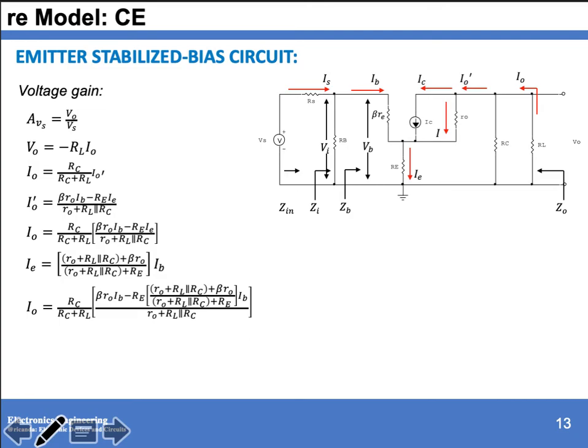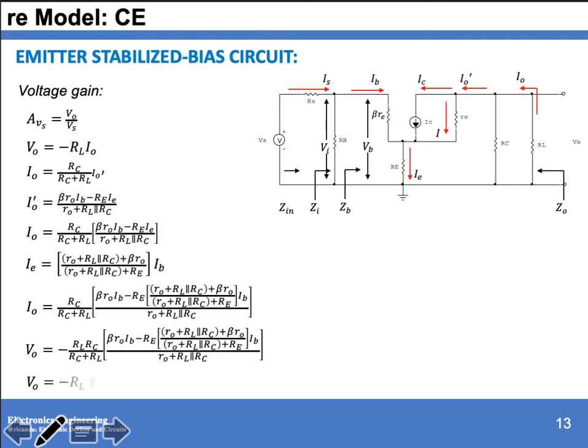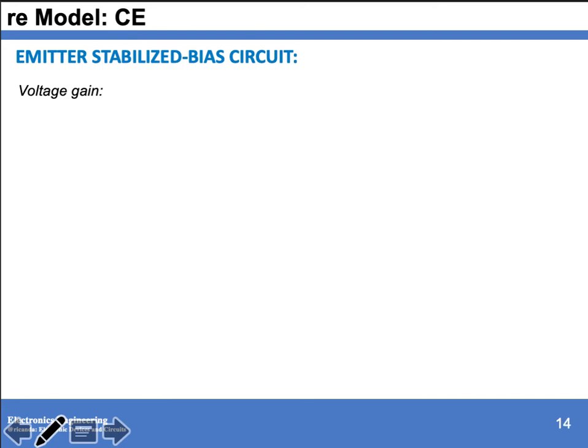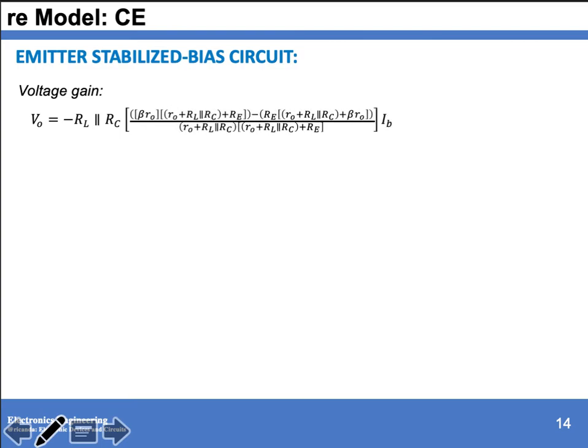Substituting this one to your Vo, so we have now Vo is equals to negative RL times RC over RC plus RL and times your equation of your IO. So this is now your equation of your Vo. Since voltage gain, that is equals to Vo over Vi, where Vi is equivalent to your voltage at the base.